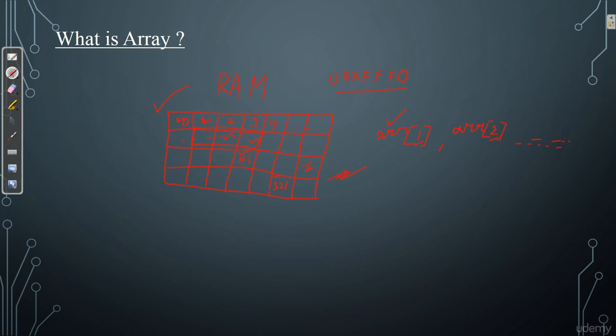So now that we have understood what an array is and why we need it, let's understand if an array can be multidimensional. Yes, an array can be multidimensional. It can be one-dimensional, two-dimensional, three-dimensional, n-dimensional.